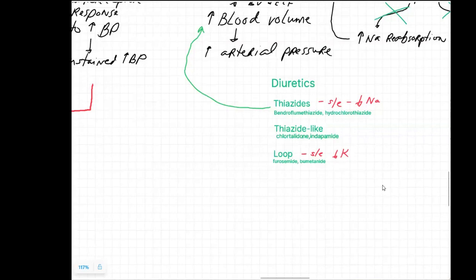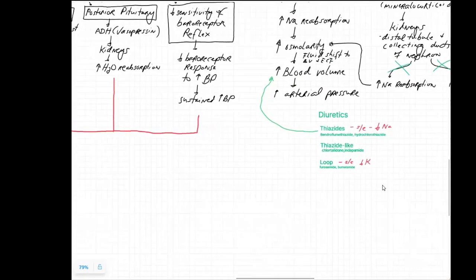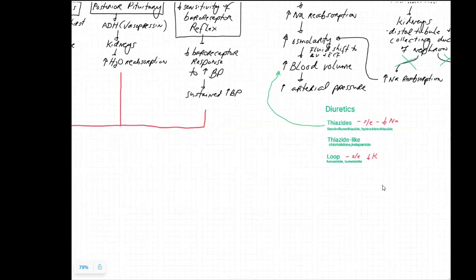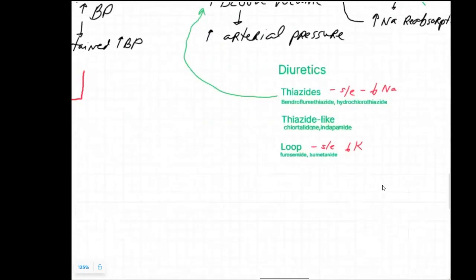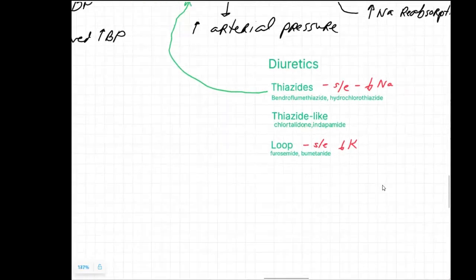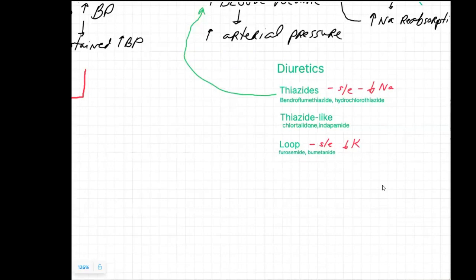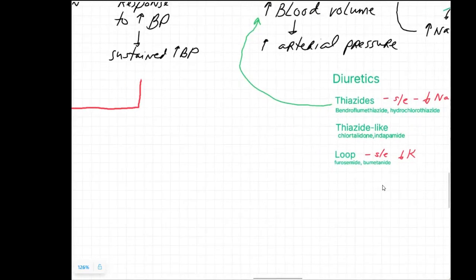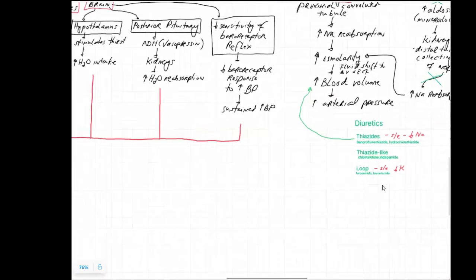It is important to know that if they are taking an inotropic such as digoxin and a loop diuretic, the potassium needs to be monitored, or the patient would need to be on a potassium supplement, because if potassium is low and there's digoxin in the system, it could cause digoxin toxicity. So it's very important to monitor potassium in the patient who's taking a loop diuretic and digoxin at the same time.